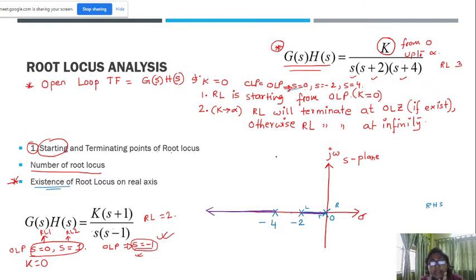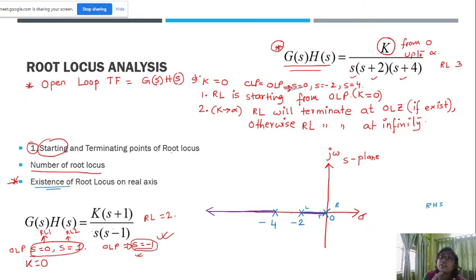তুমি টেস্ট পোলটা লেফট হ্যান্ড সাইডে যে কোনো জায়গায় রিয়েল অ্যাক্সিসে নিতে পারো, নিয়ে তুমি শুধু দেখো তার ডান দিকটাতে কটা পোল আছে। তো যখন আমি 0 to -2 এর মাঝখানে যে কোনো একটা জায়গায় টেস্ট পয়েন্ট রিয়েল অ্যাক্সিসের ওপর নিলাম, নিয়ে দেখলাম 0 to -2 এর জন্য যে কোনো জায়গাতেই আমি টেস্ট পয়েন্ট নিই না কেন, I will get only one pole in the right hand side. তার মানে I am getting odd number of poles in the right hand side.